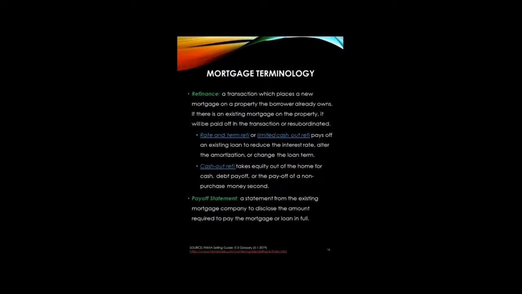So what are the different types of loans? It's a refinance, and that's basically a transaction. It's a loan that you're taking out to pay the existing loan off.